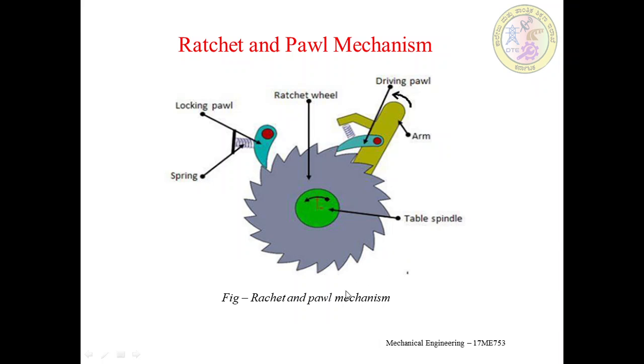A ratchet is a device that allows linear or rotary motion in only one direction. As shown in the sketch, it is used in rotary machines to index air-operated indexing tables.